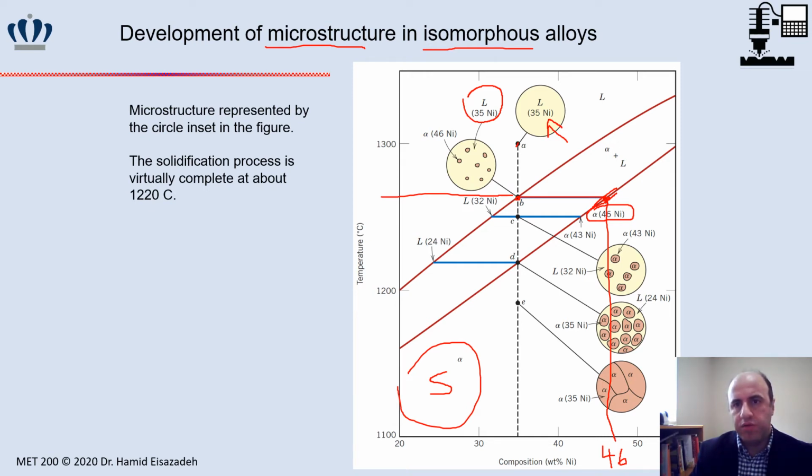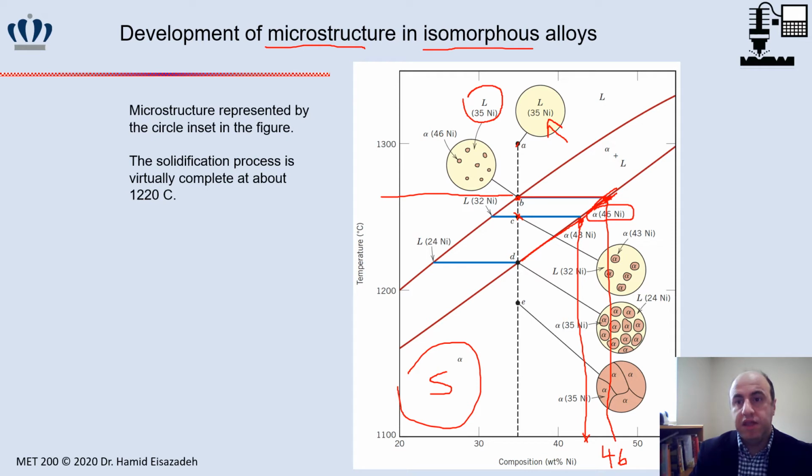As you go down, you need to follow this solidus line, and here this is a microstructure of that point, where we have a solid material. Solid material will follow the composition of these points.